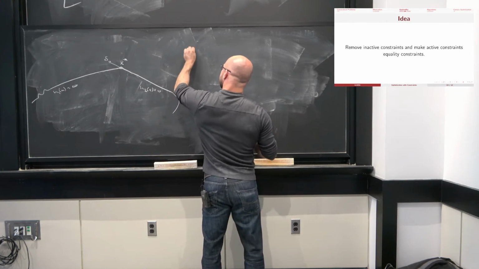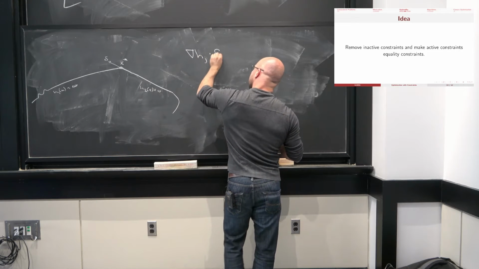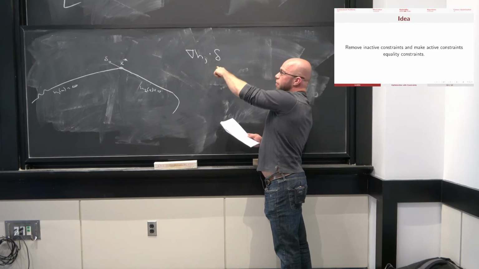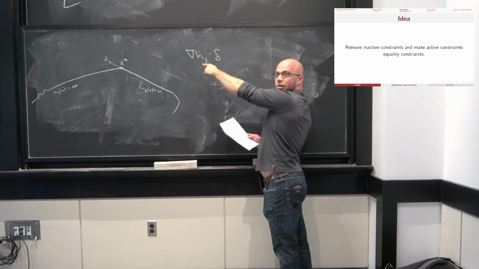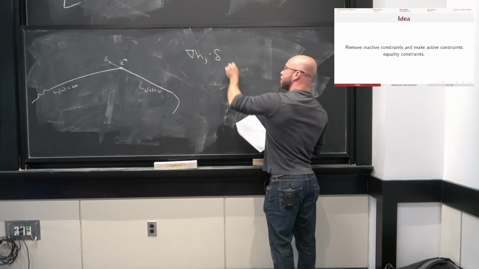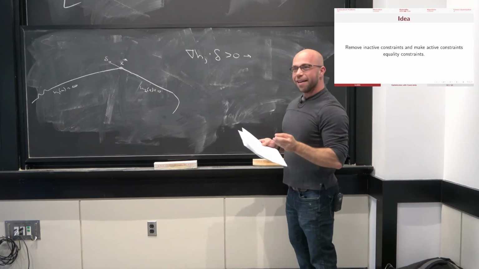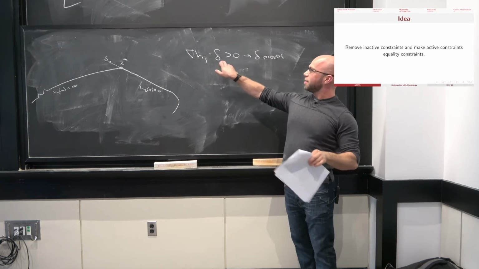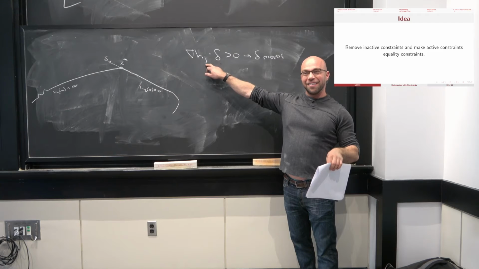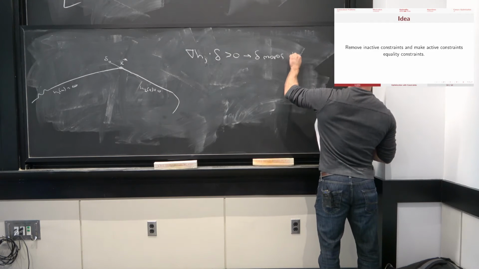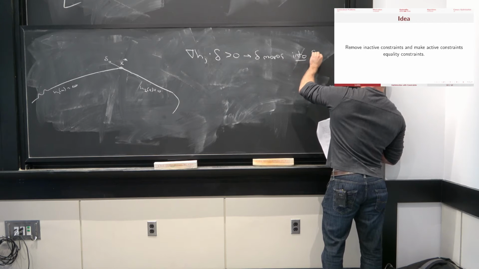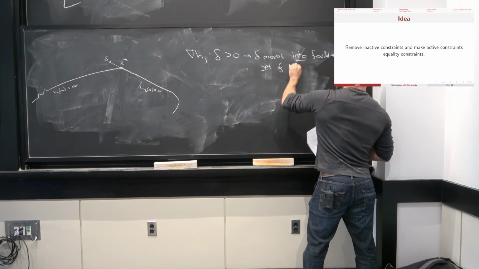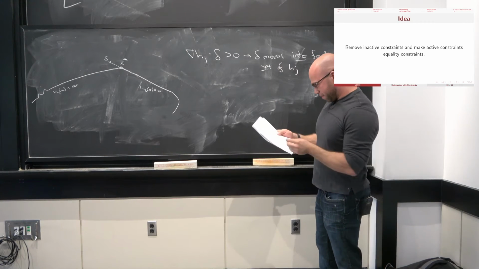So if I take the gradient of constraint j and dot it with delta, where constraint j we're going to assume is active here, and delta is positively correlated with the gradient, that means that delta increases h, which means it moves into the feasible set of h_j. Cool?